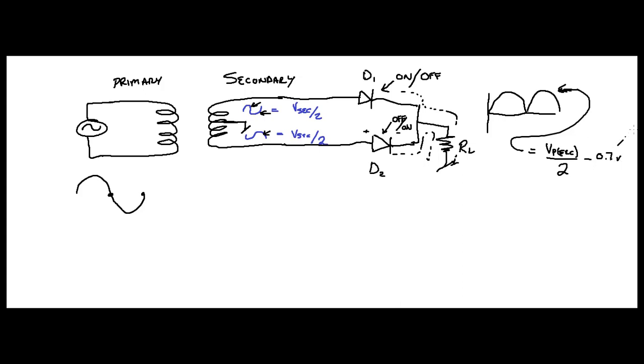There's your diode drop right here, and this is your secondary voltage for your center tap transformer. All right? And there, when you do that, look at your waveform. That is a full wave rectified voltage. All right?